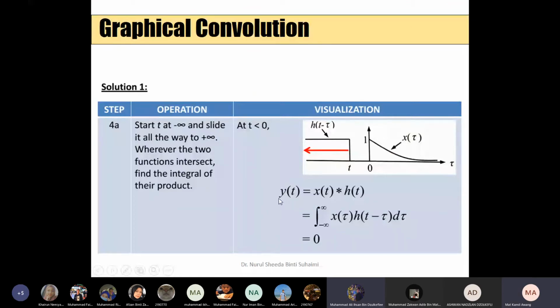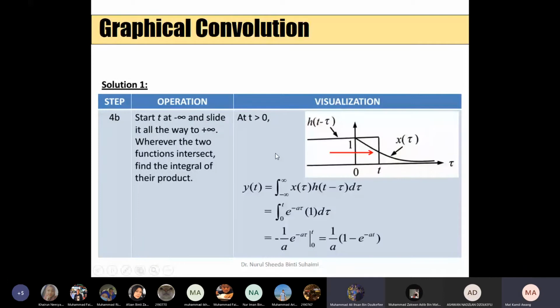Basically, you are implementing y of t is equal to x of t convolved with h of t, which is the integration from minus infinity to infinity of x of tau h of t minus tau d tau.